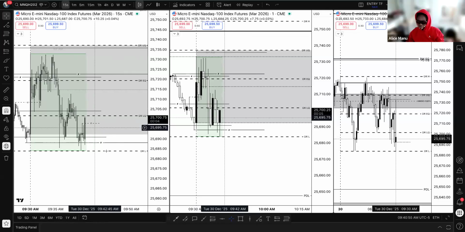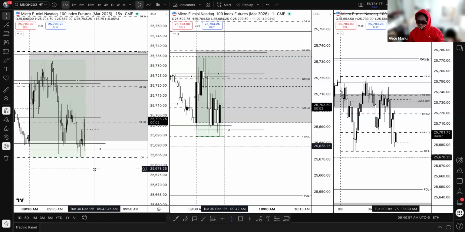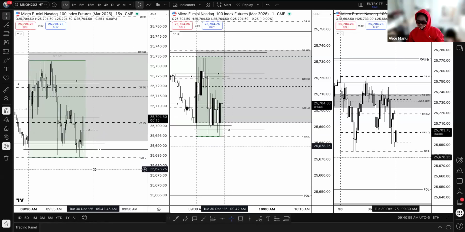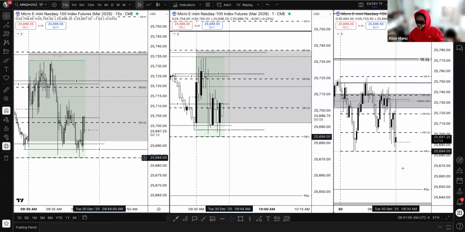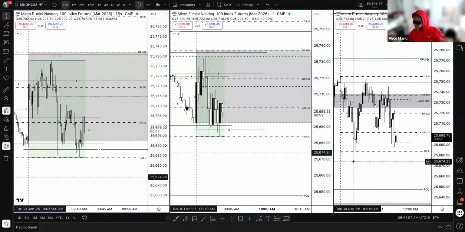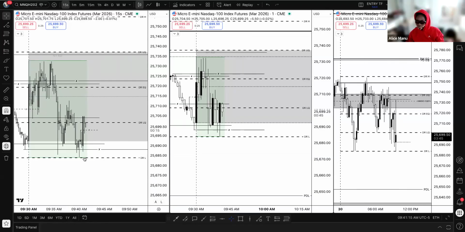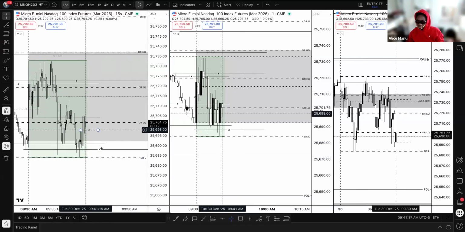All right, we're watching this. We didn't quite take dealing range low yet. 684.25. Yeah, we didn't take it. So watching this buy here.